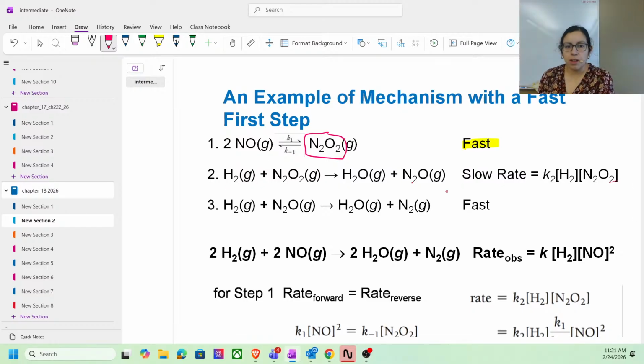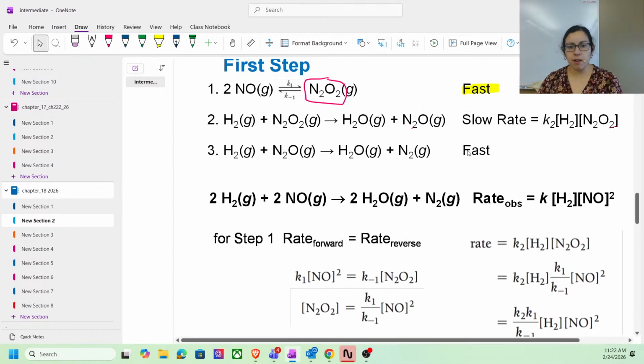So that's just shown here that our rate is, of course, whatever rate constant k2 is. These ks don't matter so much. And then the reactants, so H2 times our concentration of N2O2, and that gives us our rate. And then our subsequent third step is also fast.